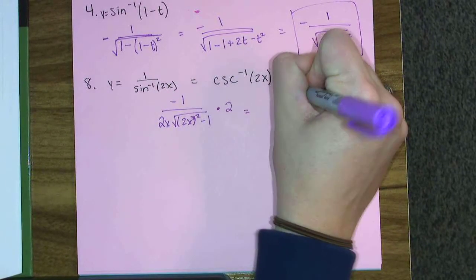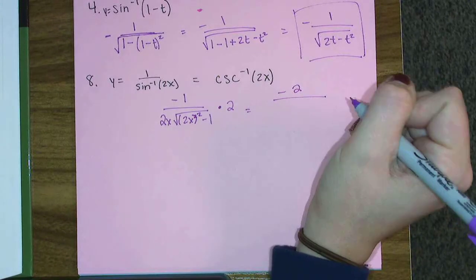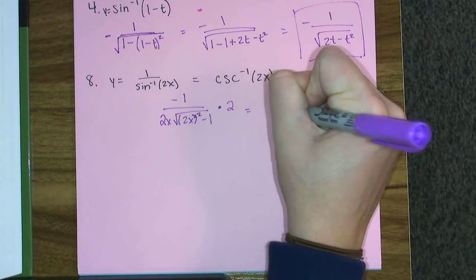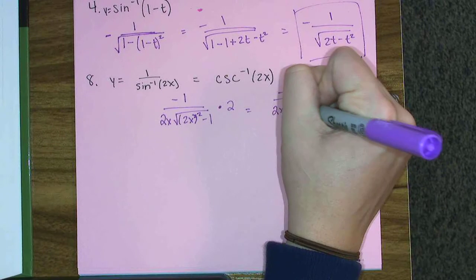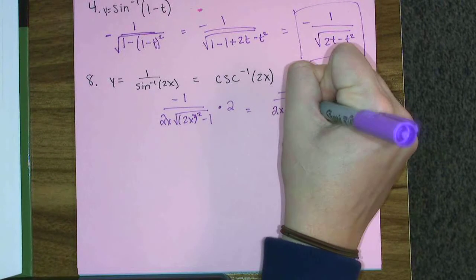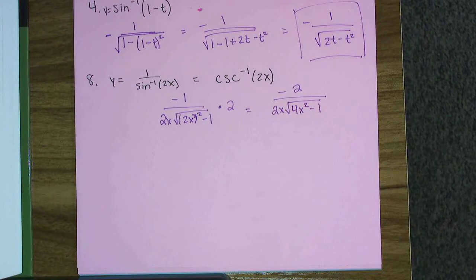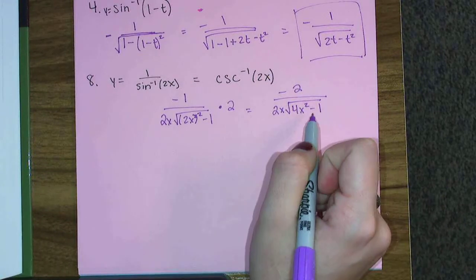So I have negative 2 over 2x times the square root of 4x squared minus 1. This answer is still really weird. Because that would be done, right? Like, there's nothing else I can do to this radical.